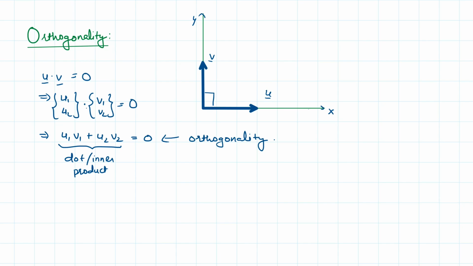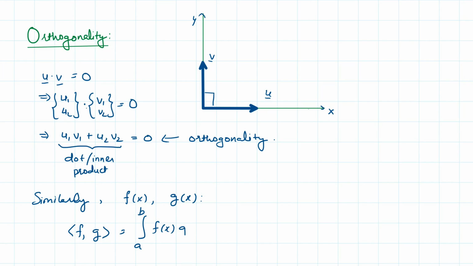Similarly, if we have two functions f of x and g of x, we can define the inner product of the functions as the integration over the domain on which they are defined, of f of x times g of x dx.